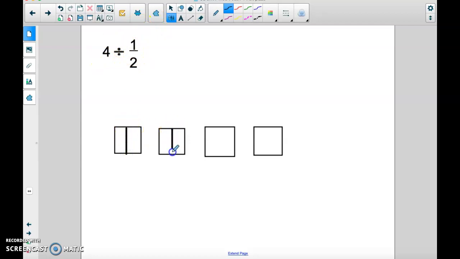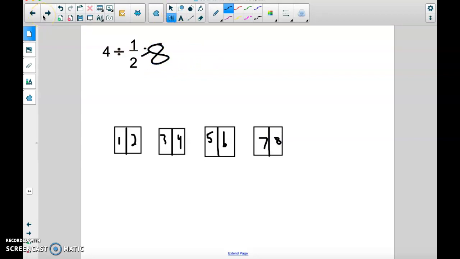So we break each whole in half, and then we count them up. 1, 2, 3, 4, 5, 6, 7, 8. So the answer here would be 8.